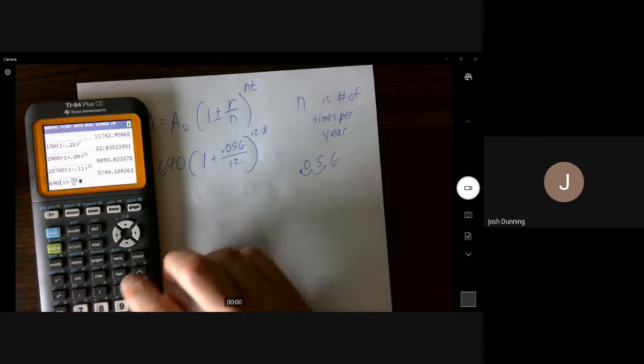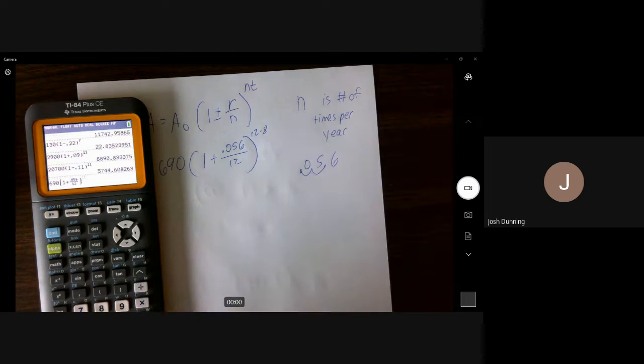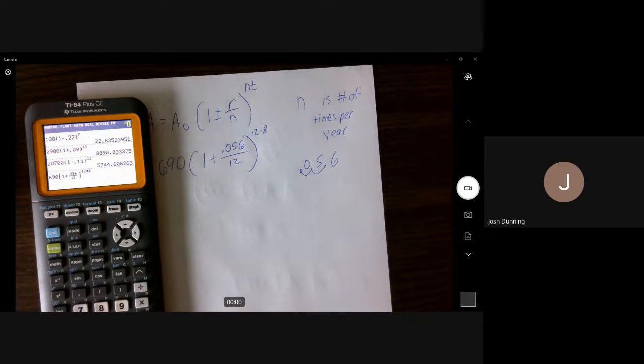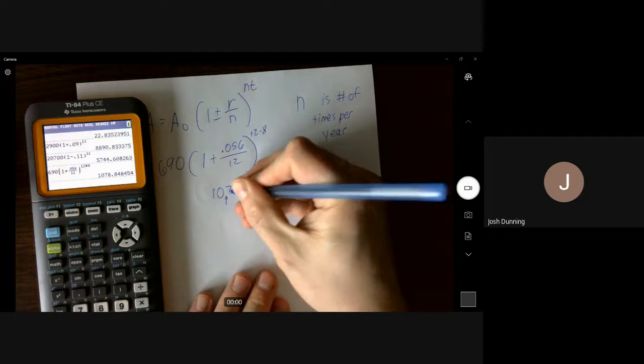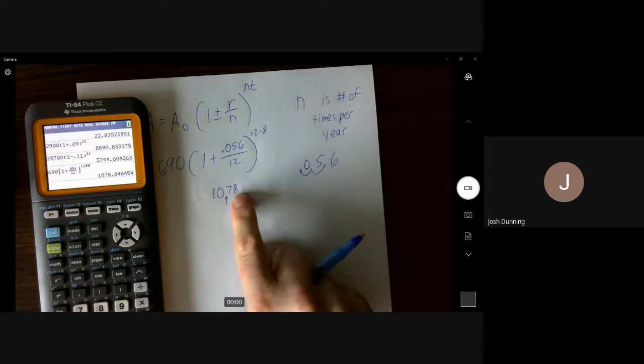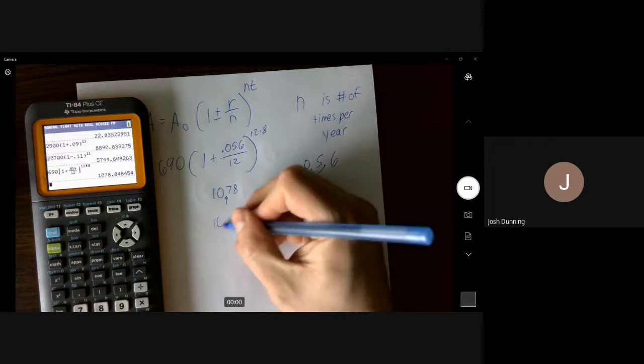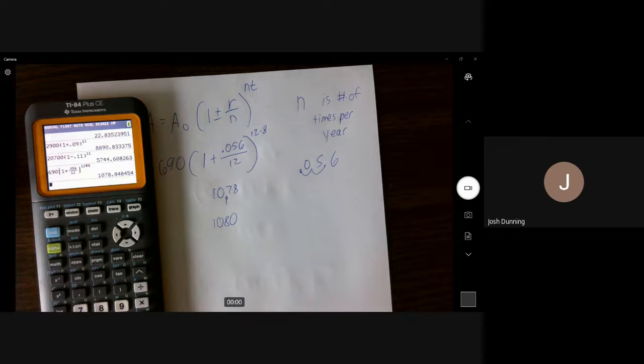Hit over, get out of it, to the 12 times 8. If you know what 12 times 8 is, that's fine. Just type it in. $1,078. Now, that was to the nearest tens. There's the tens, the 7, but I got to look at the 8. That bumps it up. $1,080.